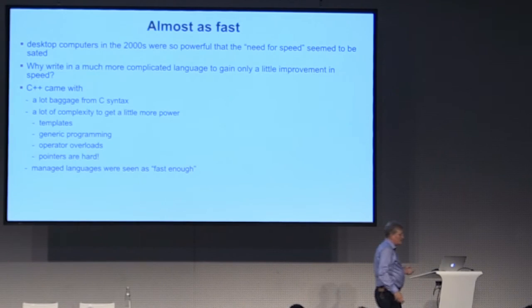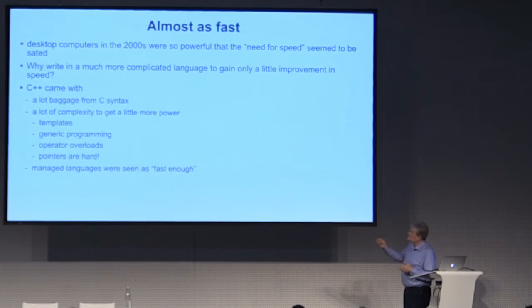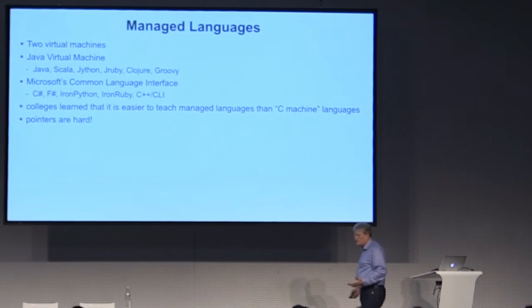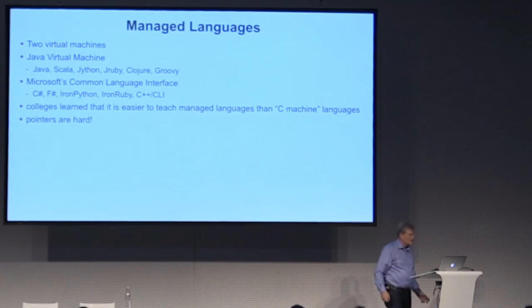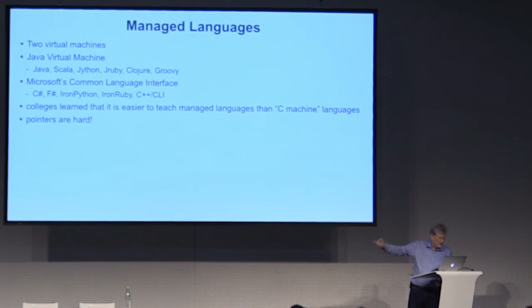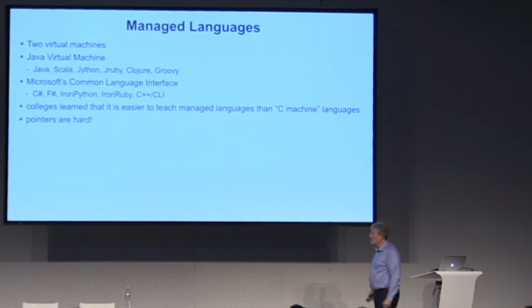Okay. So this was the idea, was managed languages. And we have a couple of different choices now with managed languages because Microsoft wanted to get in the game. So we have the Java family and we have the Microsoft family. And it turned out that the colleges found out this was easier to learn. And so now things are starting to go great.